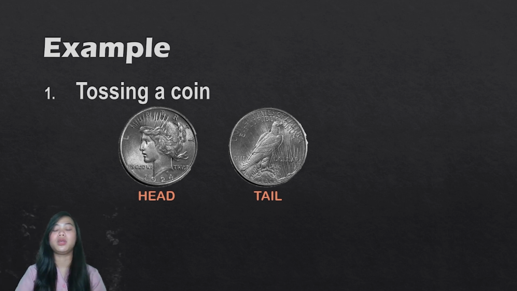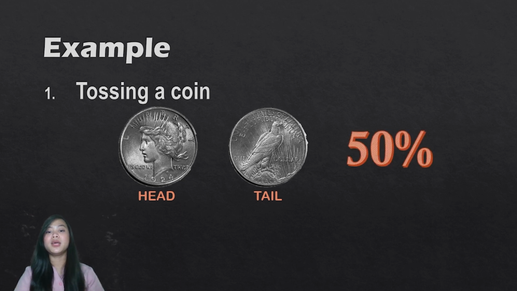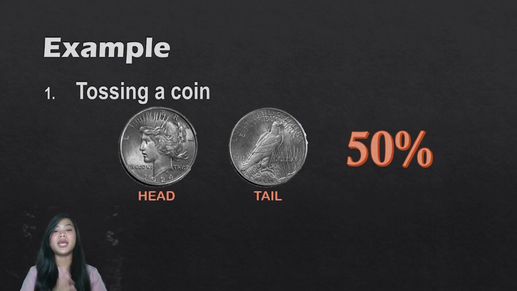So we have 50%. Where did this 50% come from? The 50% came from the probability, or the chance, that we can get a head or a tail.